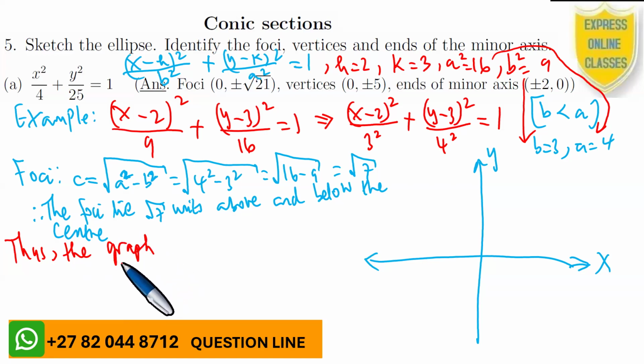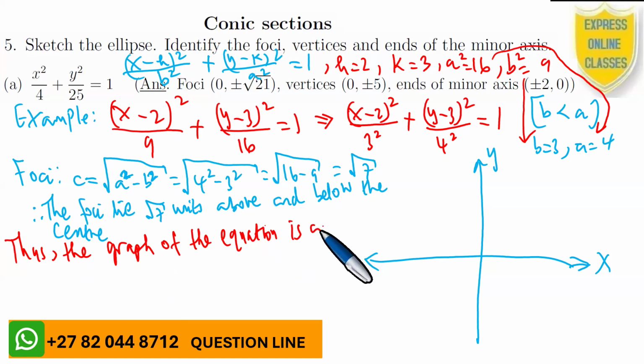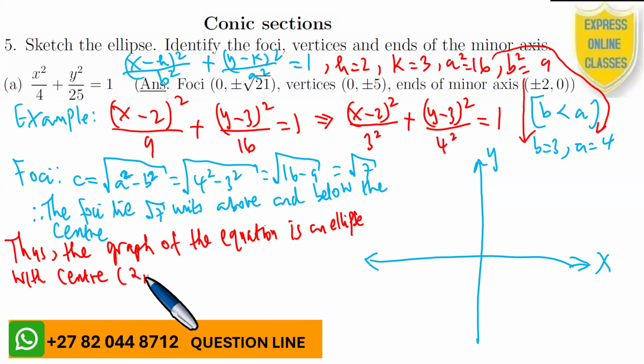Thus the graph of the equation is an ellipse with center 2, 3, because H is 2 and K is 3.